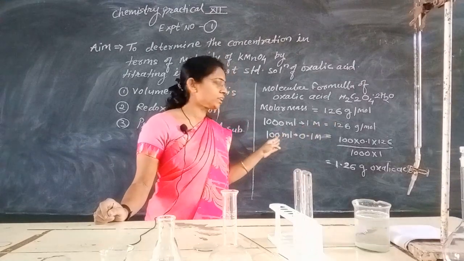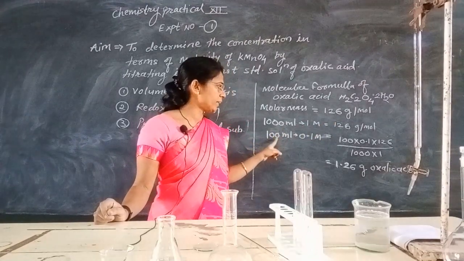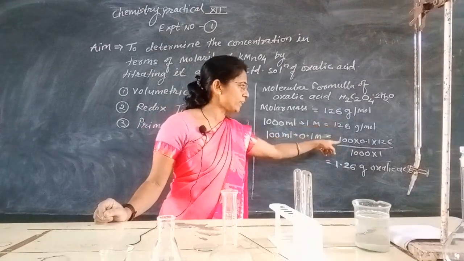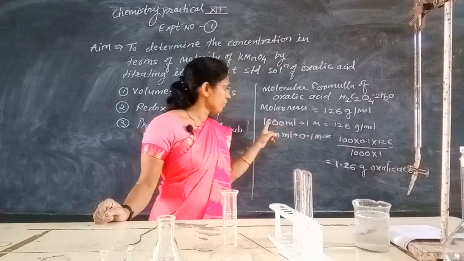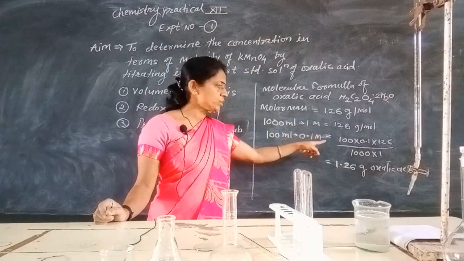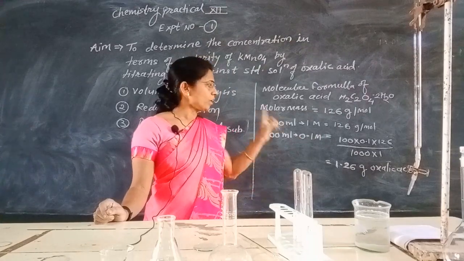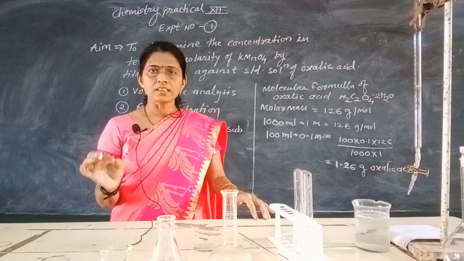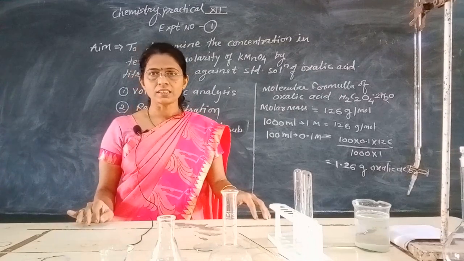Take cross multiplication. We can find 100 multiplied by 0.1 multiplied by 126, divided by 1000 multiplied by 1. When you solve it, you will find that for 100 ml we need 1.26 gram of oxalic acid.